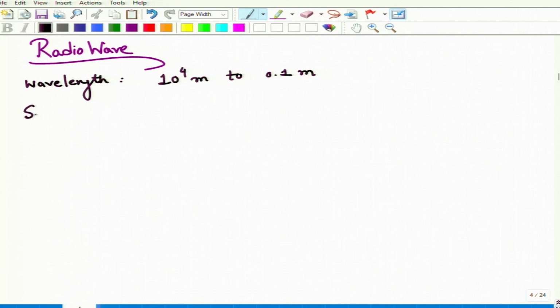What is the source of the electromagnetic wave for the radio wave?